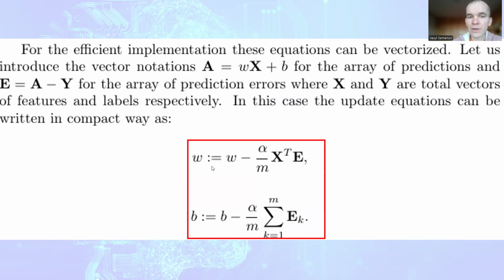And then we can efficiently update w as, again, the scalar product of X, our training array, and the corresponding errors. w is updated in this way, and intercept b is updated as the average value of this E.